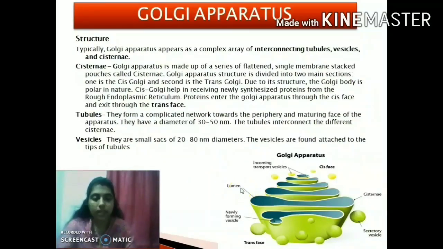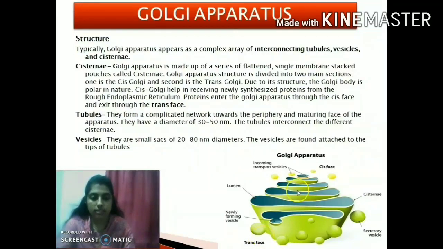Clear? Now, if we consider the entire Golgi apparatus, then it is seen that it is divided into two portions. Okay, this portion is termed the cis phase, and this portion is termed the trans phase. So the cis phase is also termed the forming phase, while the trans phase is also termed the maturing phase.